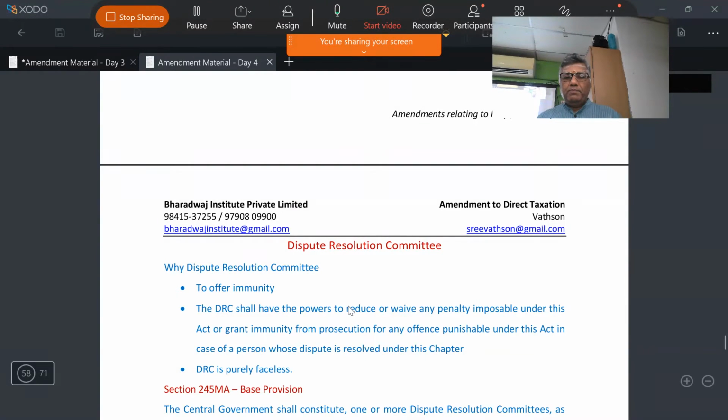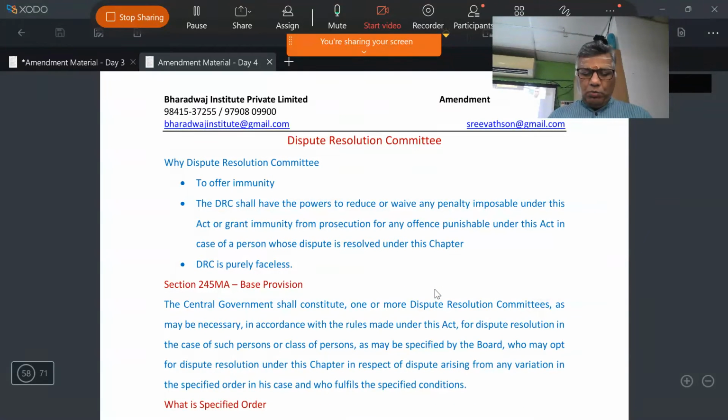What is this dispute resolution committee? What is their role? Because you have removed the settlement commission, this comes into play.